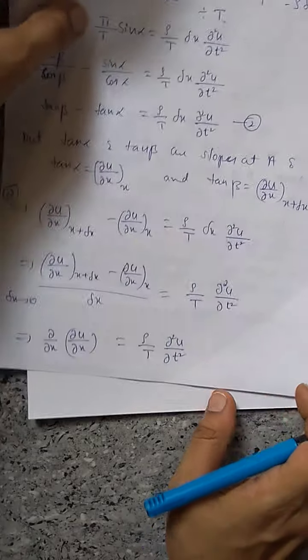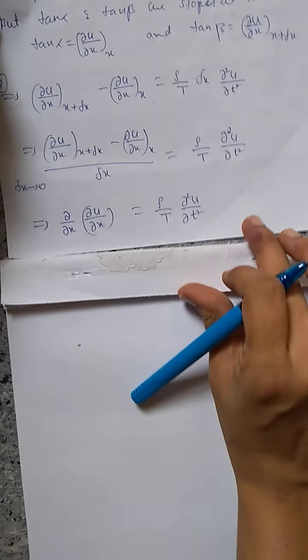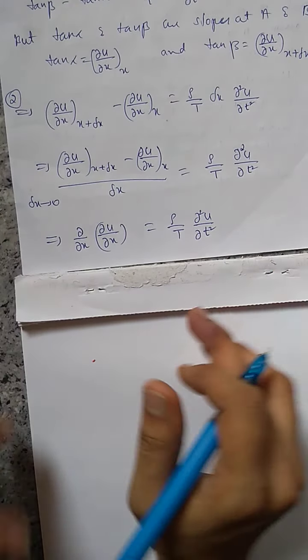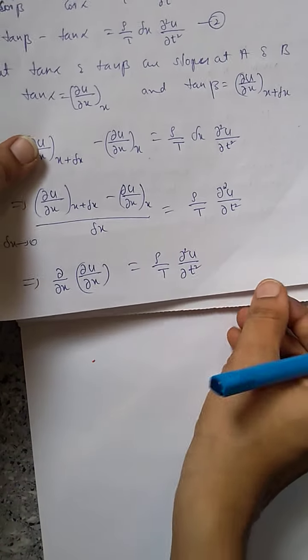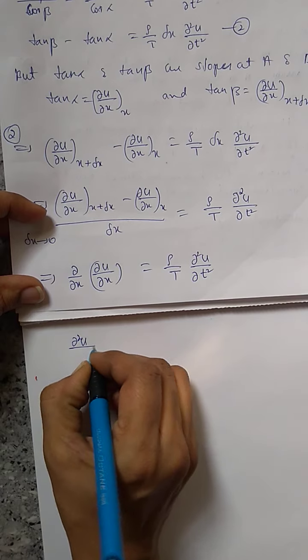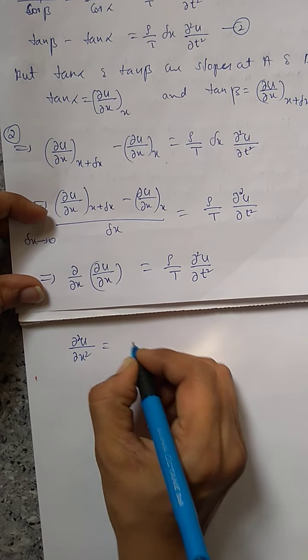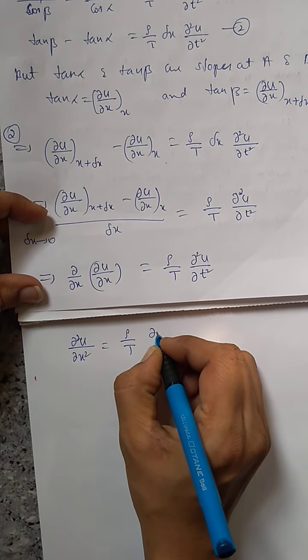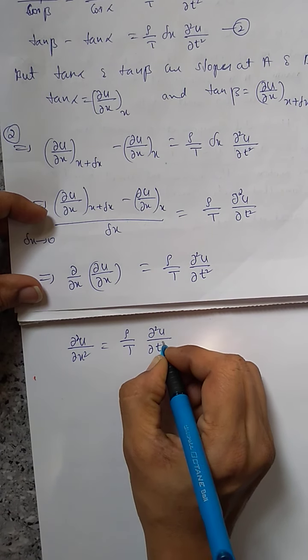Further simplification: ∂/∂x into ∂u/∂x is nothing but what? This second order partial differential equation, we can write as ∂²u/∂x² is equal to rho by T ∂²u/∂t².